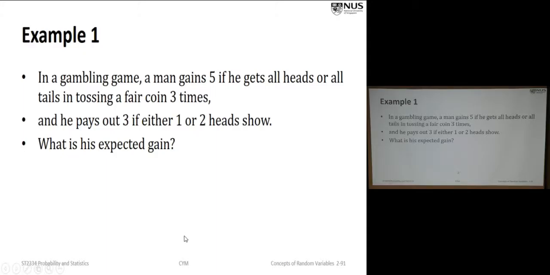Now here's an example. We have a game. We gain 5 if we get all heads or all tails in tossing a fair coin 3 times. So toss a coin 3 times, and if you get all heads or all tails, then we get $5.